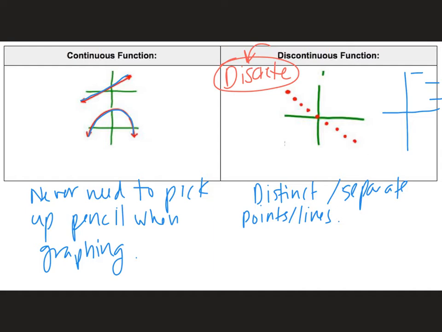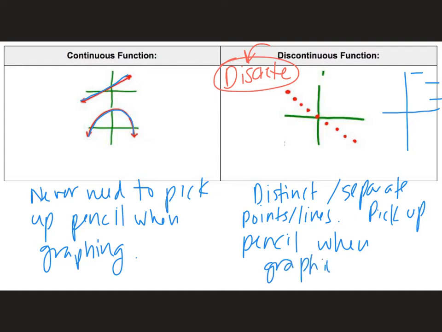We would have to pick up our pencil as we create the graph. So, for example, if I looked at these points, point, pick up my pencil, point, pick up my pencil, and so forth, as I'm creating this graph.